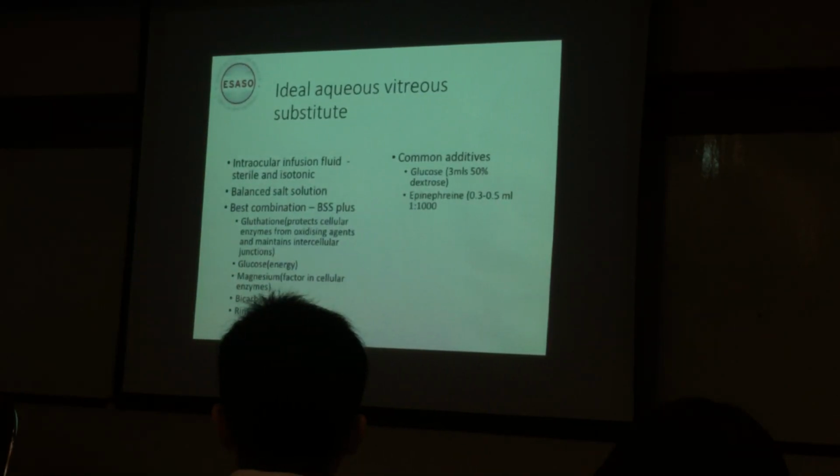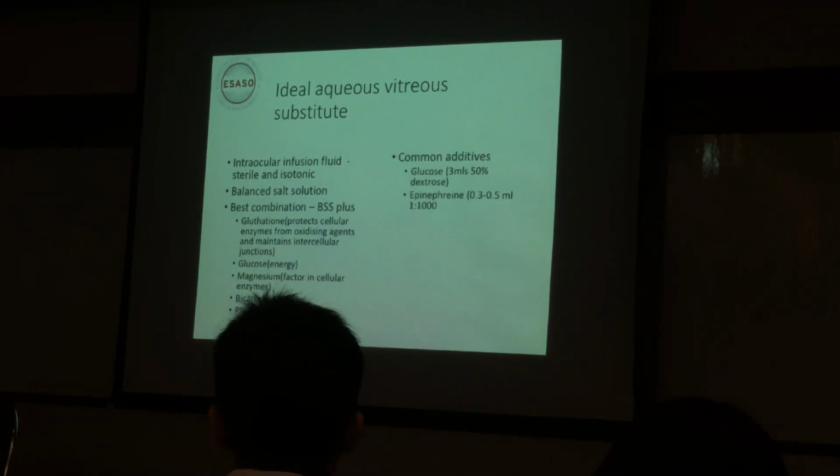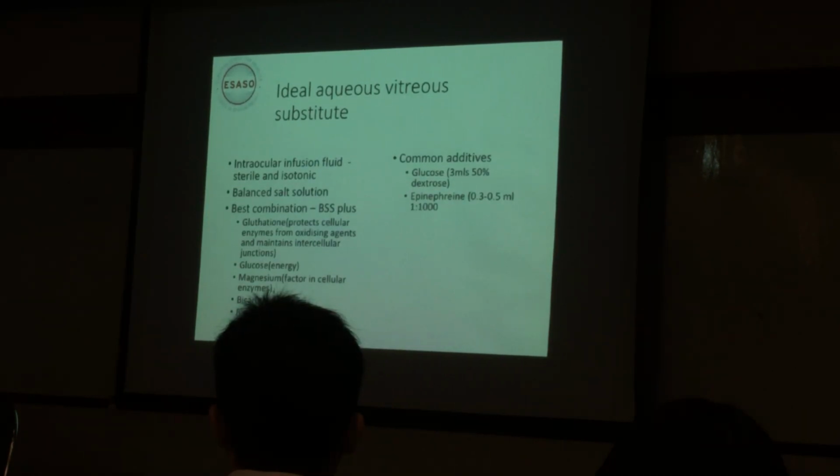So what are the ideal aqueous vitreous substitutes that we would desire? Obviously, it should be an intraocular infusion fluid that is sterile and isotonic. The closest we can get to being the ideal substitute is BSS and BSS Plus. Plus just has additional chemicals and ingredients: glutathione, glucose, magnesium, and bicarbonate buffer, as well as lactate.